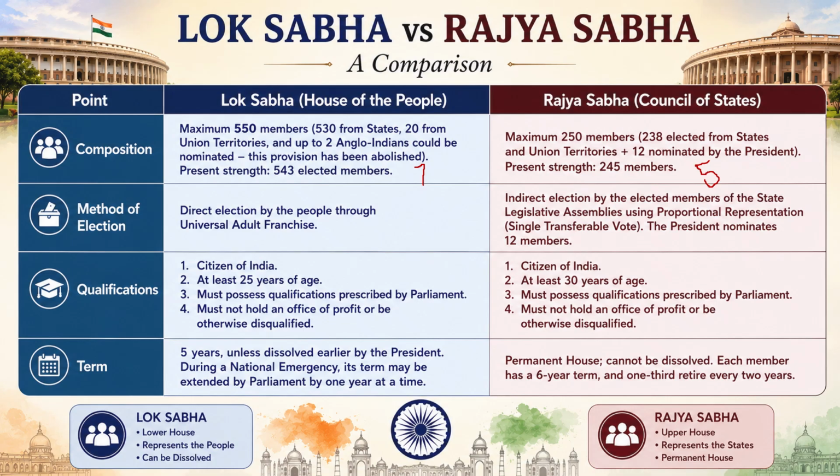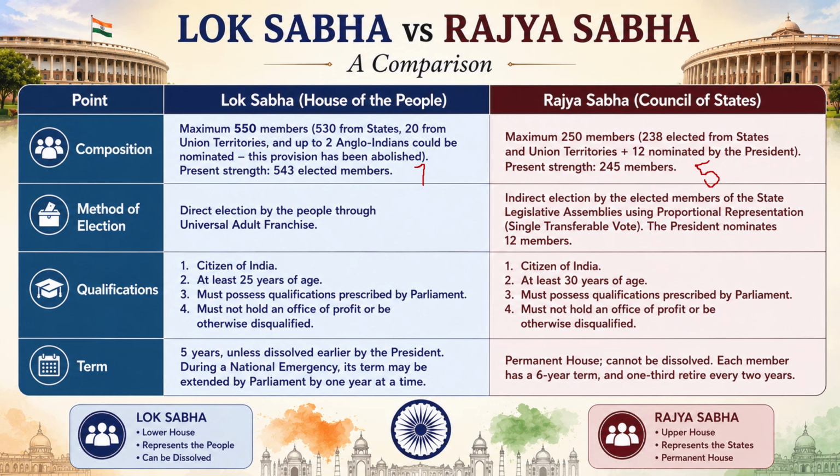Only an Indian citizen can qualify to become a member of Lok Sabha or Rajya Sabha. The person also has to have qualifications as prescribed by the parliament. Under that come a lot of qualifications which the parliament gives. It can change every year.